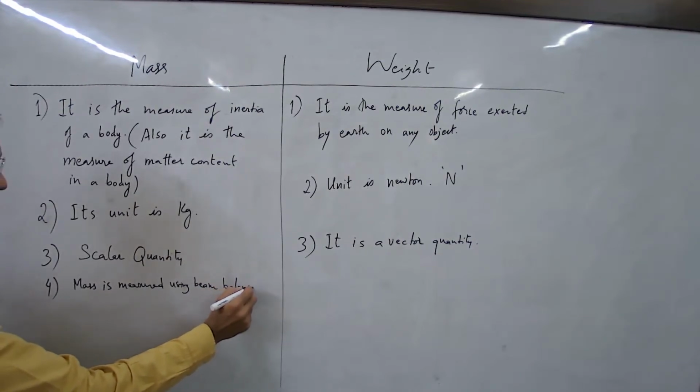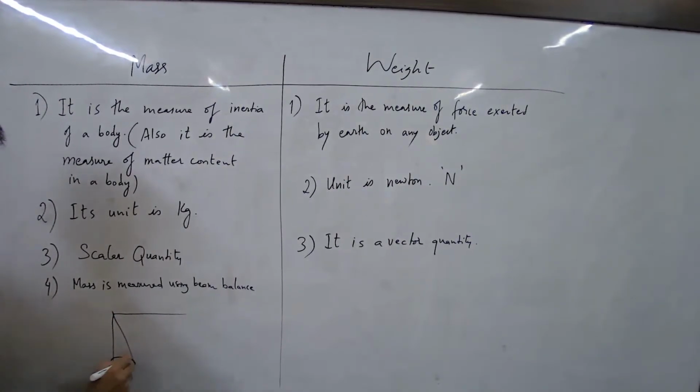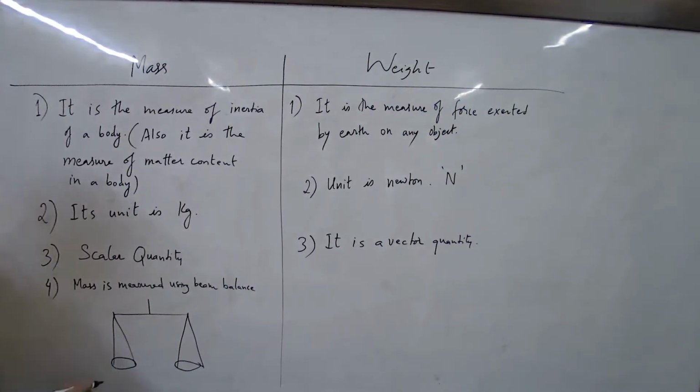The thing that goes up and down, the taraju. You put weights on one side, slotted weights, and on the other side you keep the object. This is the beam. I didn't know you called it a beam balance.